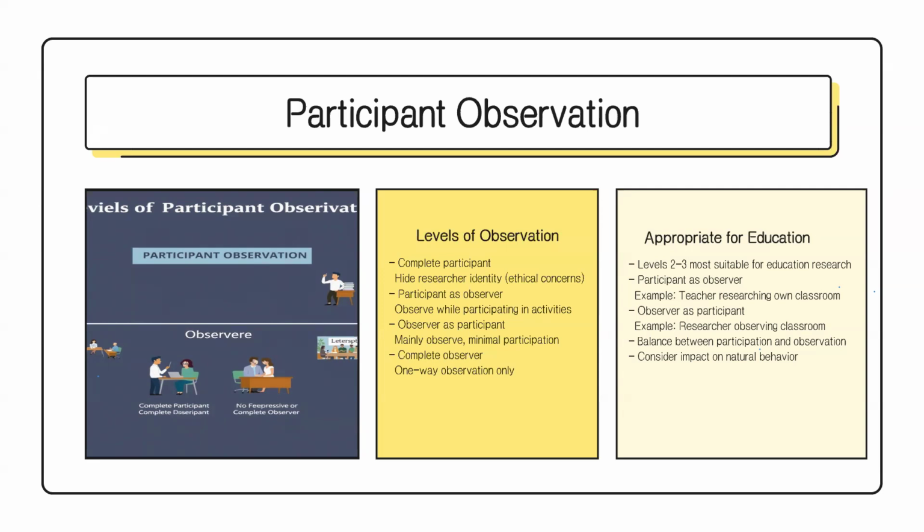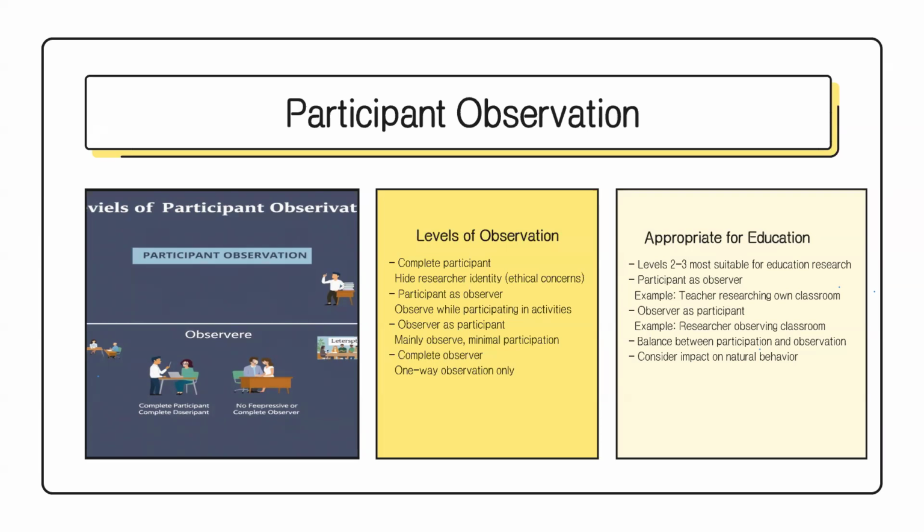Why is that appropriate for education? Levels 2 and 3 are most suitable for education research. You can be a participant as observer, for example, a teacher researching their own classroom practices, or an observer as participant, like observing teaching methods in a school. This approach lets you examine real behavior in classroom settings.